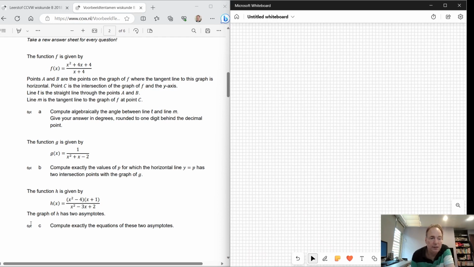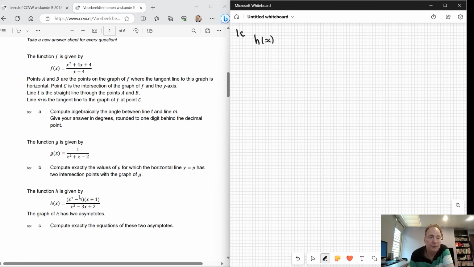1c. The graph of h has two asymptotes. Compute exactly the equations of these two asymptotes. All right, so we have this function here. Let's see if we can rewrite this in some way.